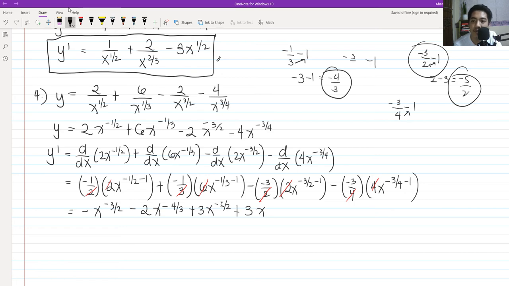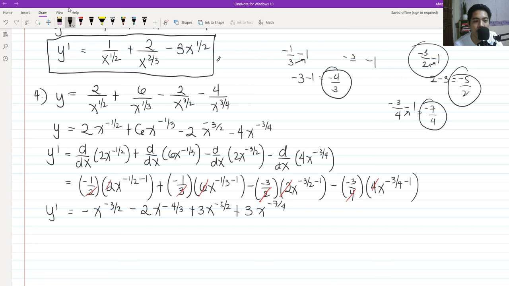Okay. Negative 4 because of this. So negative 4 minus 3 would become negative 7, copy the same denominator, all over 4, I mean. Okay. So this is our final answer as our y prime.